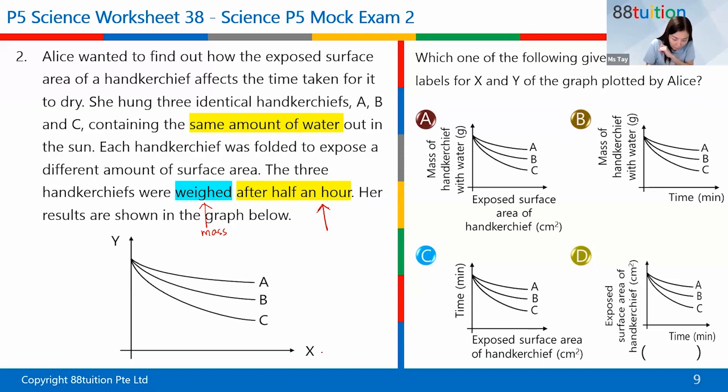That means this has got to be time, right? Okay, at time 0, that is the beginning. All of the handkerchief will have the same mass because they have the same amount of water. Can you see that? So right from the start, they all have the same mass. Okay, so they started at the same point. Okay, so this must be the mass of the handkerchief with the water.